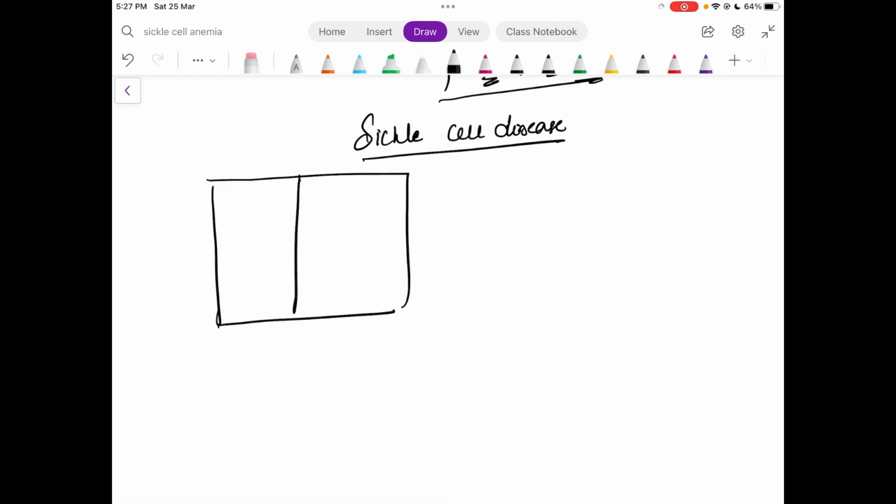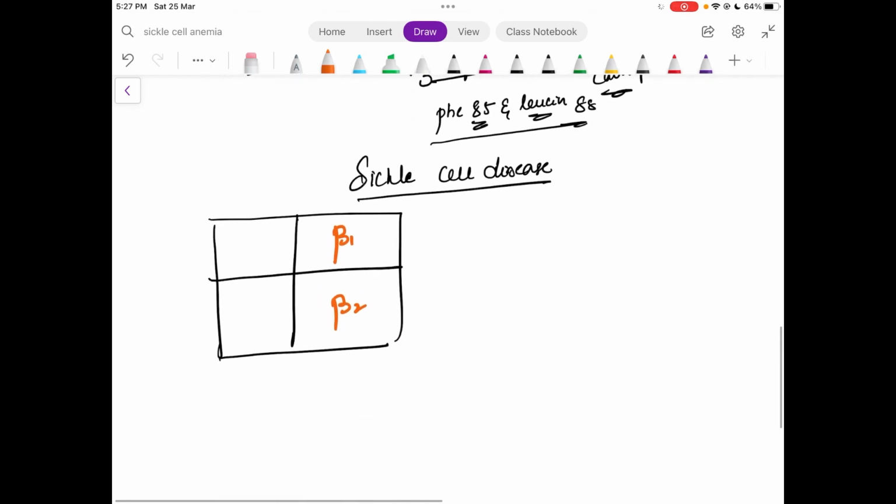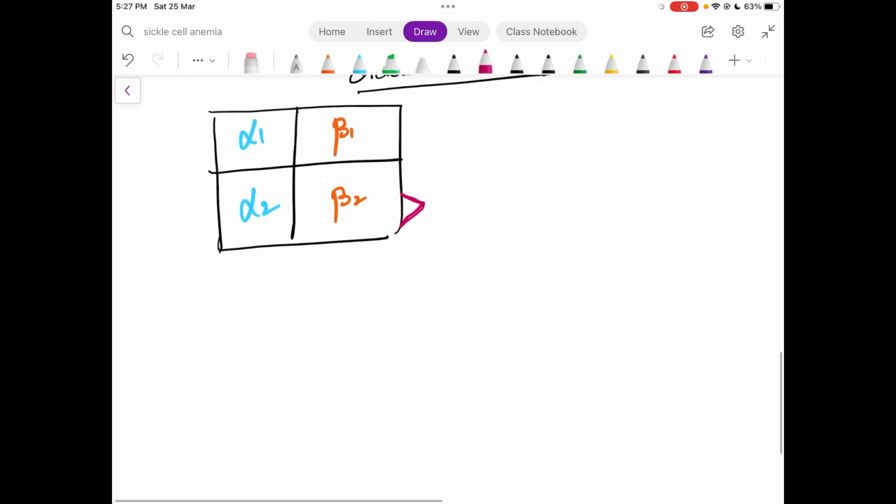This is a hemoglobin, oxyhemoglobin. For easy understanding, I'm writing the subunits in a different way so that you can understand easily. And this is alpha 1, alpha 2, and we have a sticky patch on the beta globin chain.